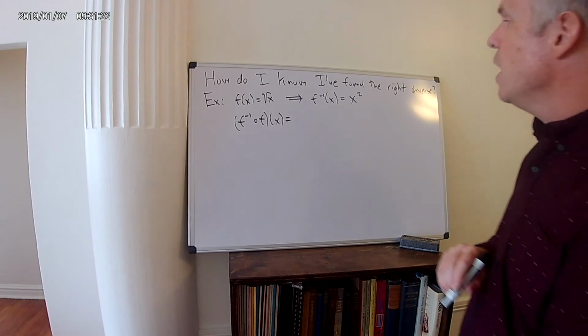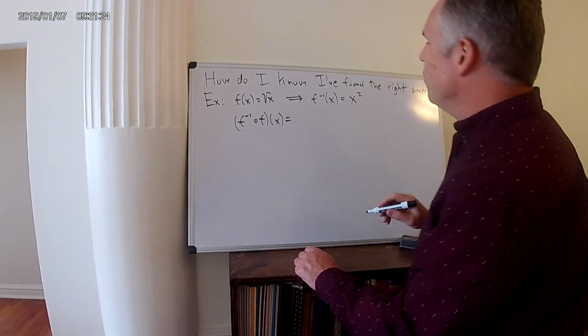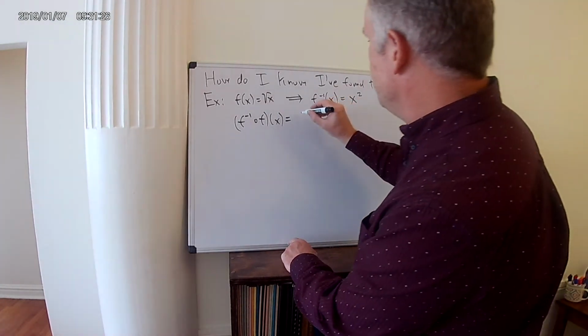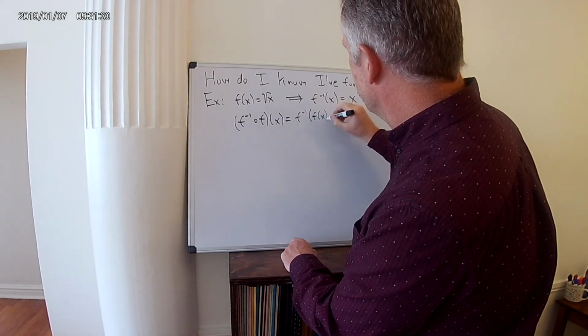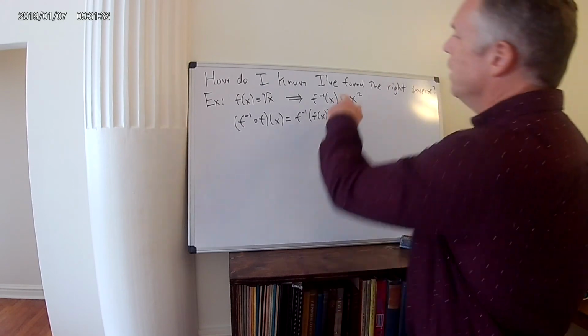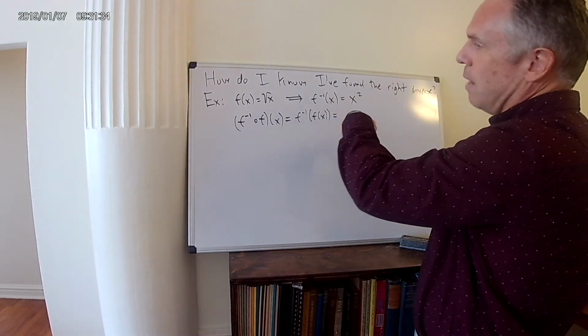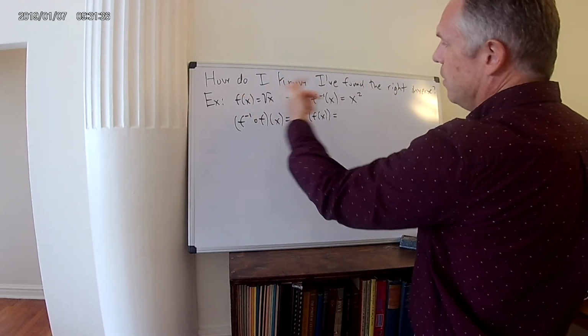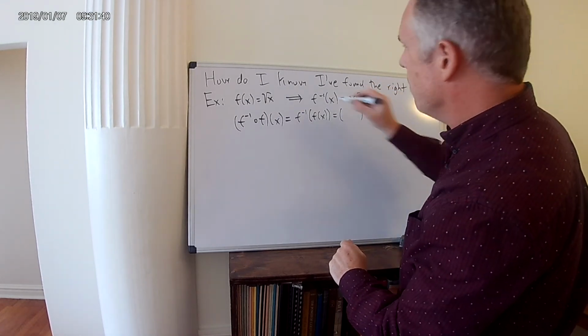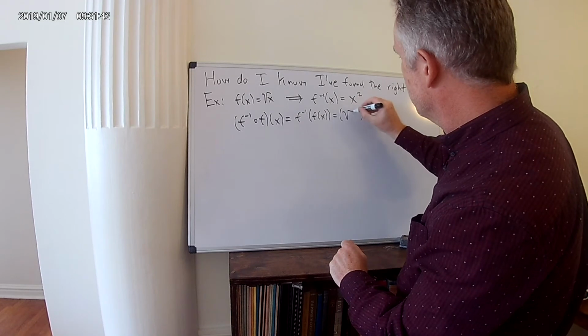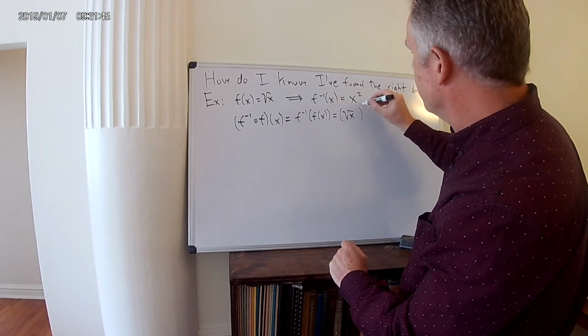What I'm going to do is f minus 1 of f of x and see what happens. Instead of plugging in x into my inverse function, I'm going to plug in f of x into my inverse function. So I'm going to plug in square root of x into my inverse function, which squares stuff.